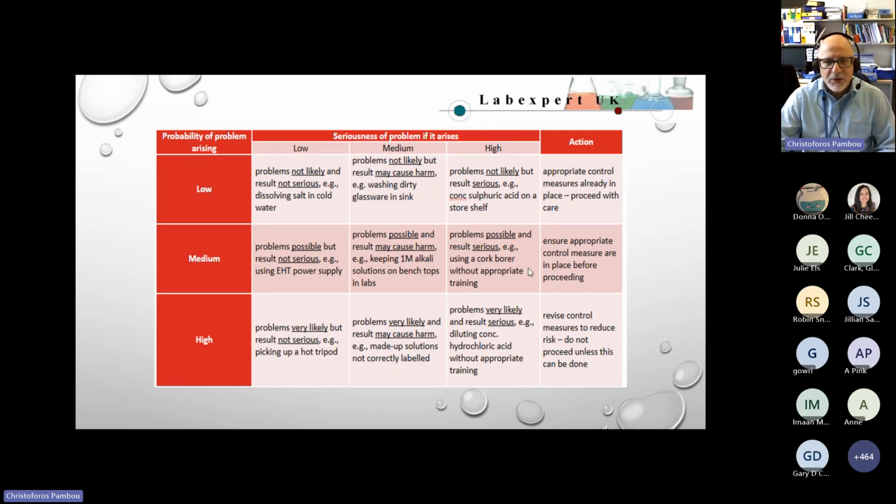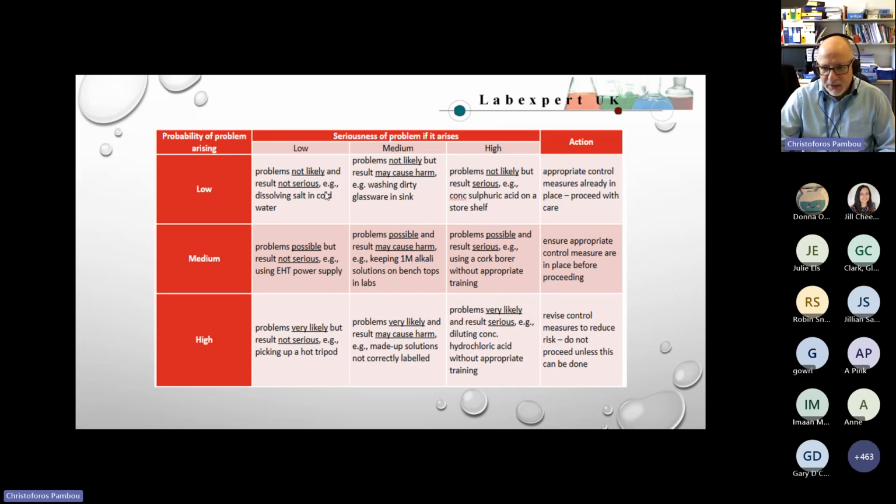For example, if we look at something with a low probability and low seriousness, dissolving salt in water, very low, fairly safe.